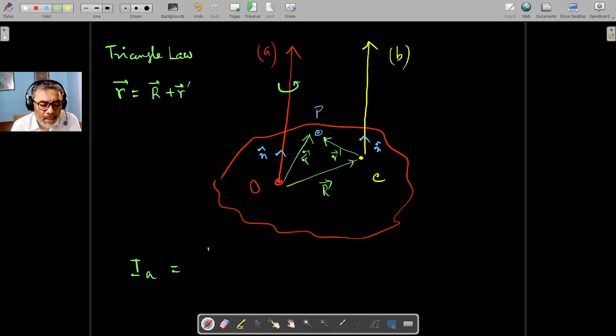So IA is integral dm |r cross n| square.